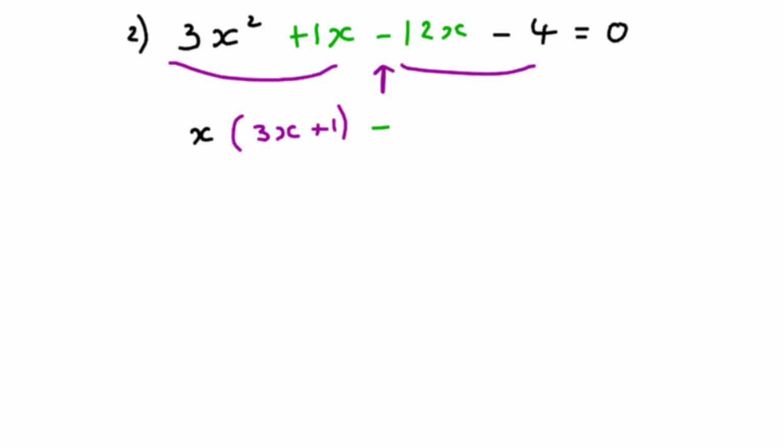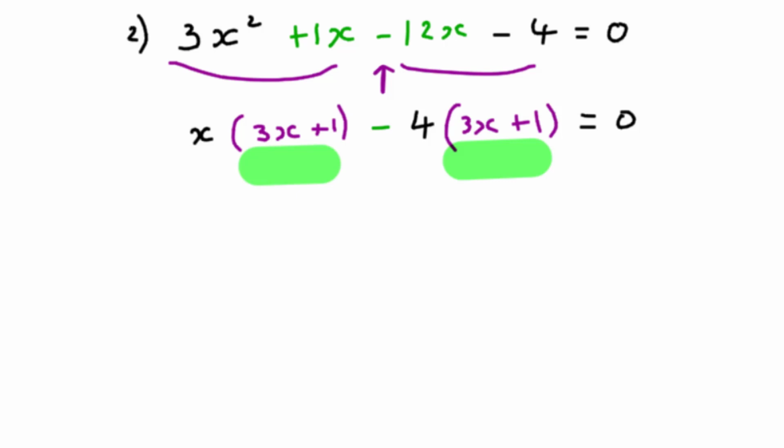I'm going to factorize the next two terms. The highest common factor is 4, so it's going to be 4 times 3x, and then minus times plus is minus, so times plus 1 to give us minus 4. So minus 4 times 3x gives minus 12x, and minus 4 times plus 1 gives minus 4, equals 0. Now it's not completely factorized.